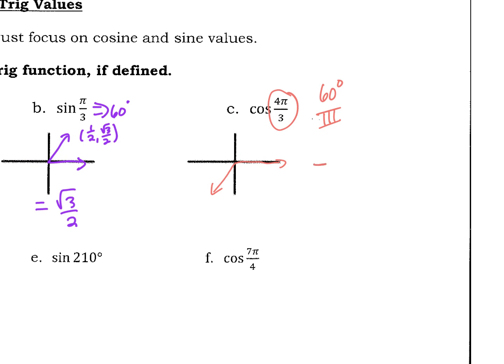And I know that with my 60-degree reference angle, if I'm looking at the cosine value, I want to look at the x coordinate, and so I am looking at -1/2. And now I've got a double negative written there, so I need to erase.